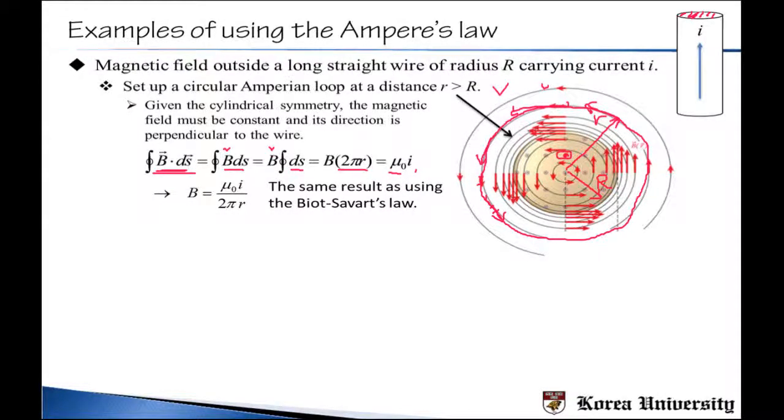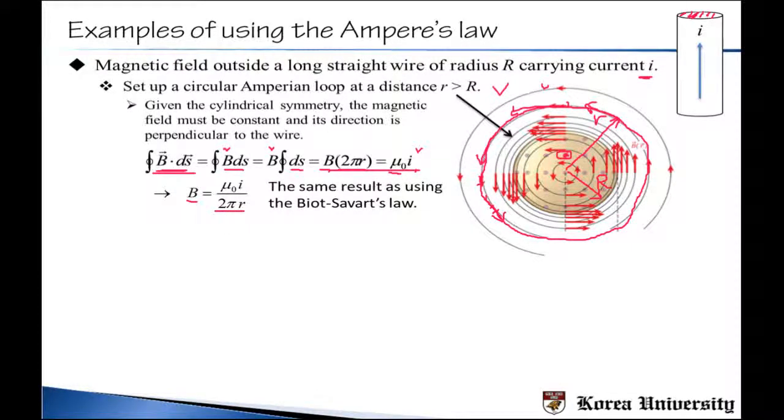So how much current is enclosed inside this Amperian loop? We already said that this wire carries the current I, so I will be the only current inside. By comparing these two sides, we can finally write that the magnetic field is equal to the permeability constant multiplied by the current divided by 2 pi r.